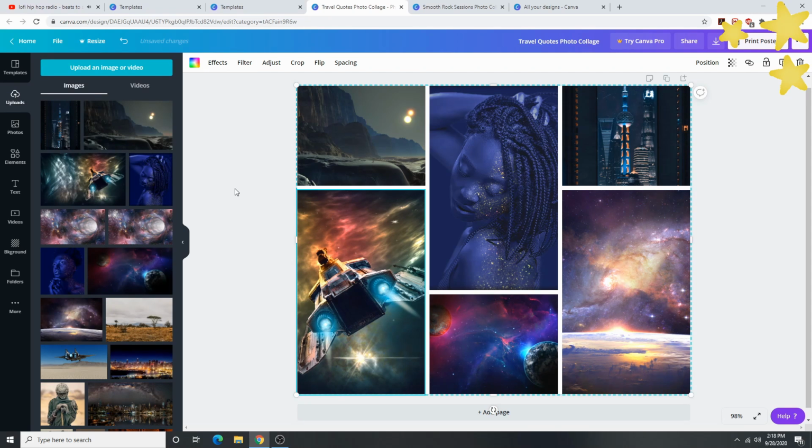Canva also has filters you can use, so I played around with the saturation and the sharpness.